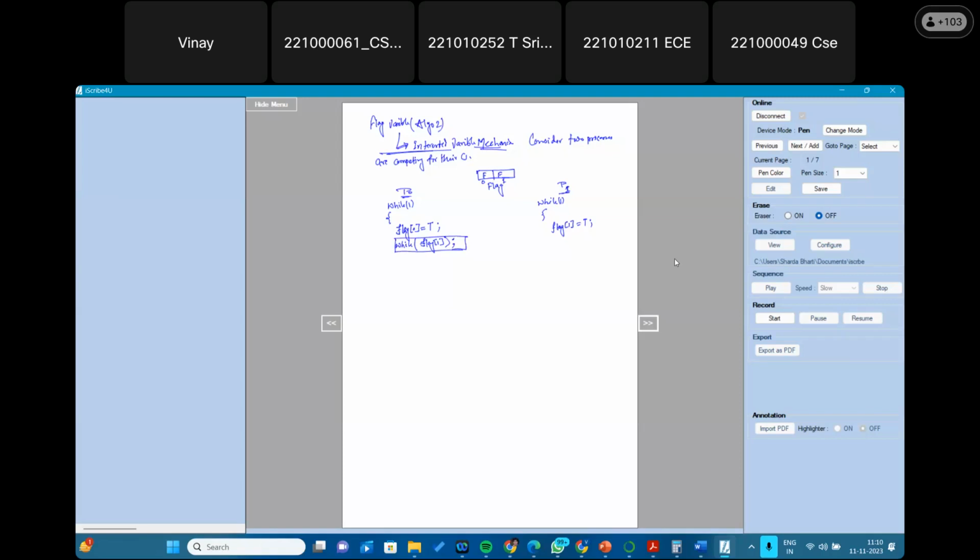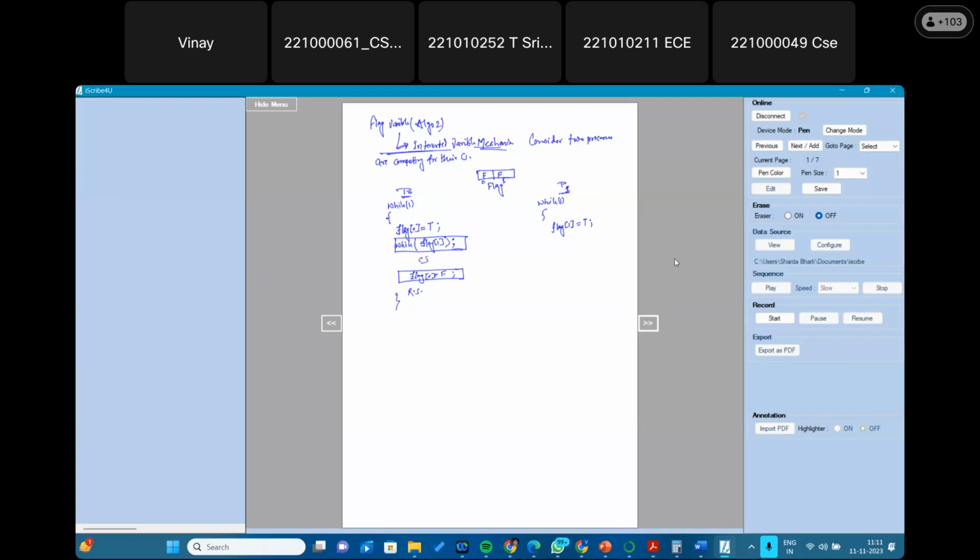So how can it check? It can check whether the flag is true or not, because initially both the flags are false, right? So whenever the process wants to enter, or is ready to enter, its critical section, better to say ready to enter, it will make the flag true, right? Then execute the critical section. Since execution of the critical section is over, make it false, so that the other process can enter its critical section.